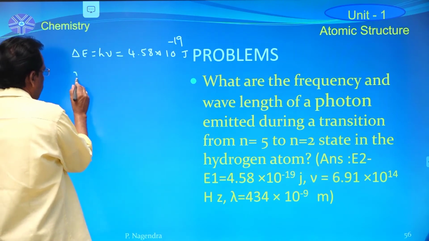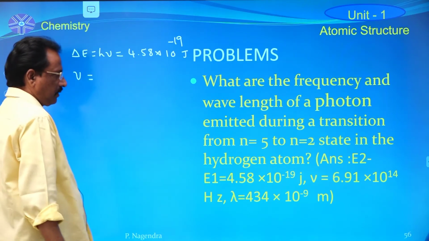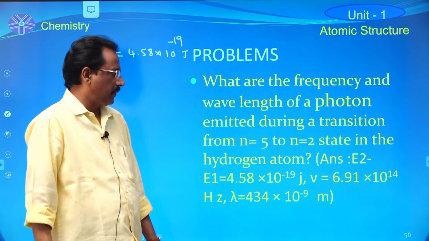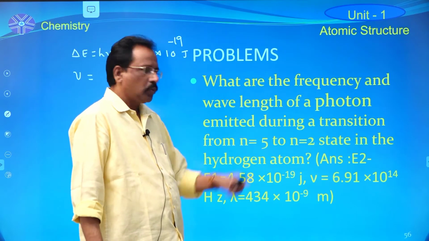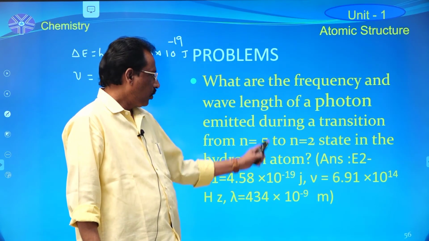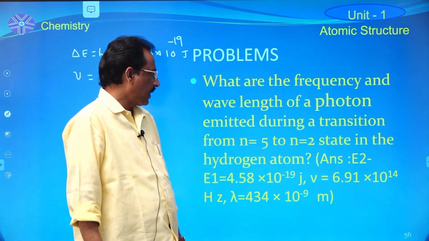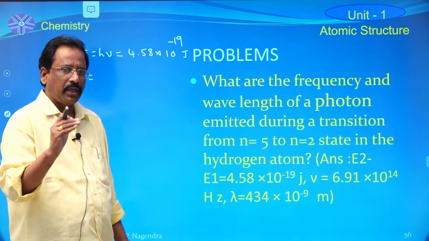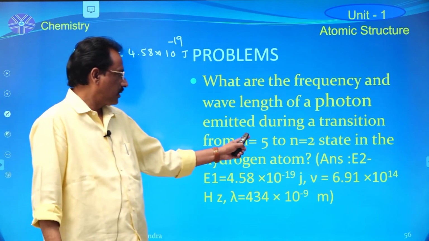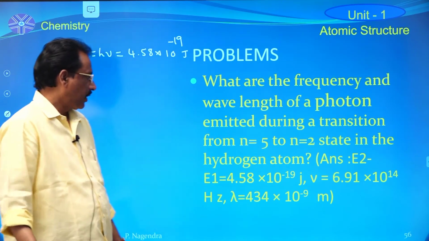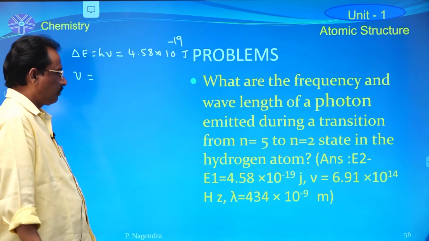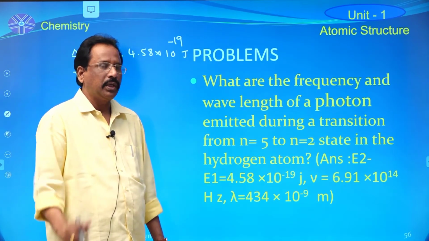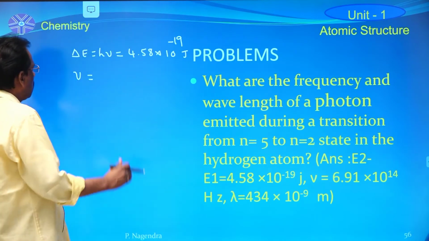Therefore, the frequency of that spectral line when the electron jumps from the fifth energy level to the second energy level: 3 to 2 is the first line, 4 to 2 the second line, 5 to 2 the third line. That means H alpha, H beta, H gamma. This is the H gamma line that is visible to our eyes also, because the spectral lines in the Balmer series are found in the visible region.